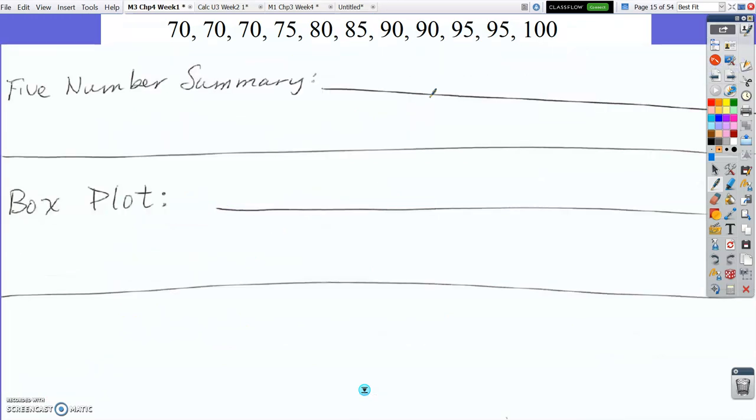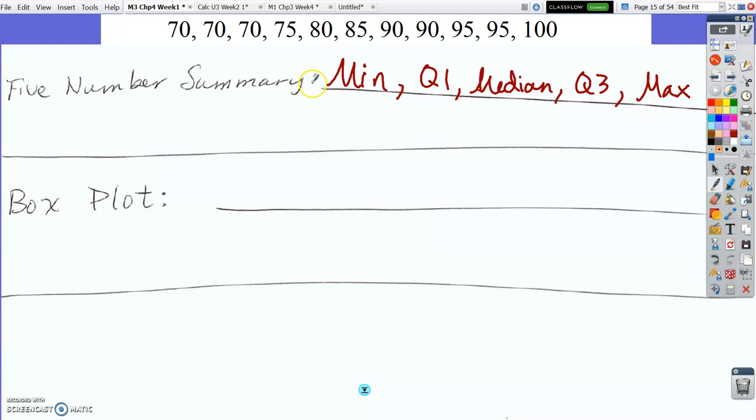Then we have the 5-number summary. The 5-number summary consists of the following 5 numbers. Actually, let's go in order. The min, the quartile 1, the median, the quartile 3, and the max. So those are the 5 numbers in the summary.